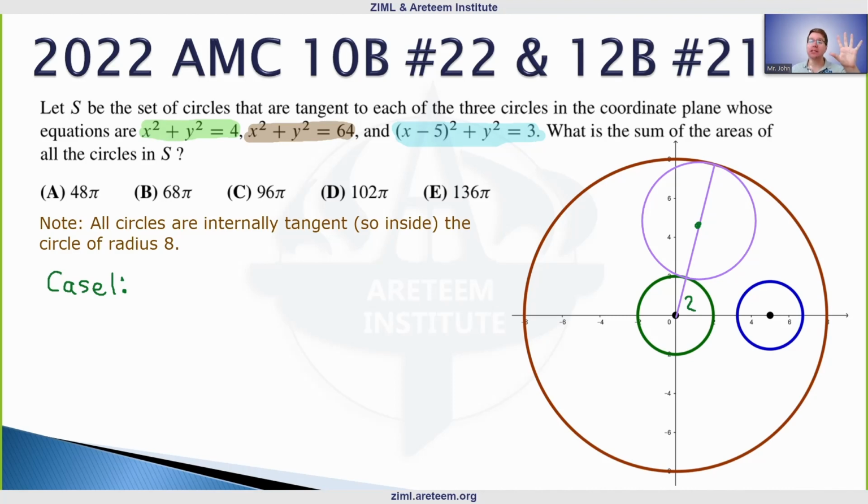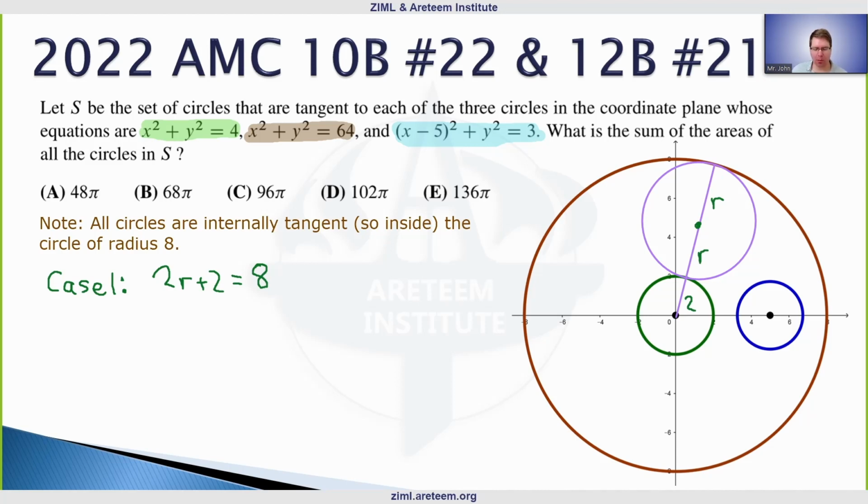I know this isn't tangent to all 3, but I want to talk about symmetry in a second. So we have r and r. In this type of setup, where we have this externally tangent to the green, we have 2r plus 2 is equal to 8, because that is that outside circle there.